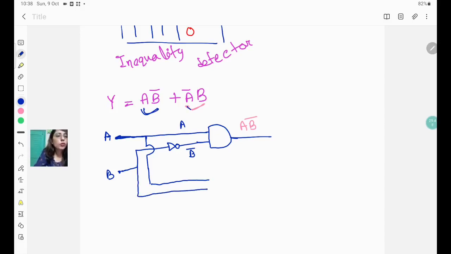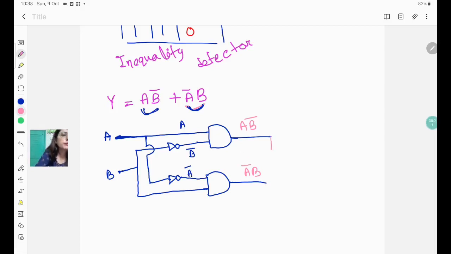Both of them are in product, so we put the inputs in an AND gate, and the output will give us A B. But we need A bar B, so we need a NOT gate over here on A, which will give A bar. So this will be A bar B.